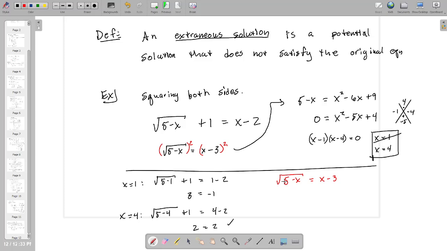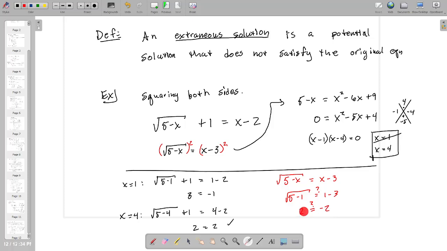So I'm going to get a positive 2 on the left, but I'm going to have a -2 on the right. We plug in our 1 and we get 5 minus 1. The square root of that is 2. Square root of 4 is 2. Is this equal to 1 minus 3, which is -2?